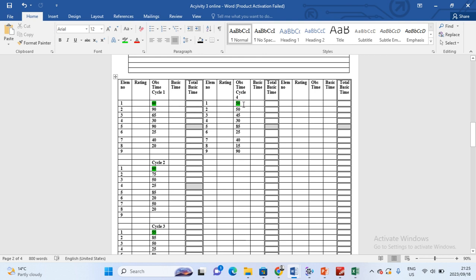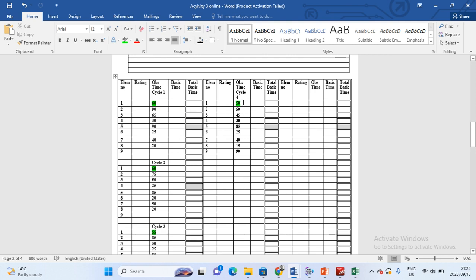You take the sum and you divide it by the number of cycles, which is in our case, 4. Sometimes it could be 5, 6, 7, or 8, which means we have 8 cycles, or we have 7 cycles, or we have 3 cycles. In this case, we have 4 cycles. So it's 60 plus 60 plus 55 plus 50.